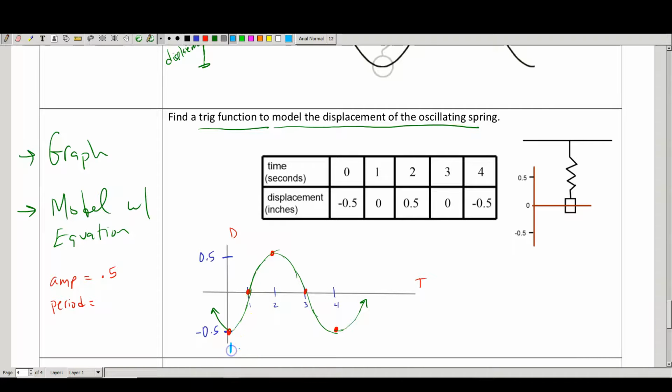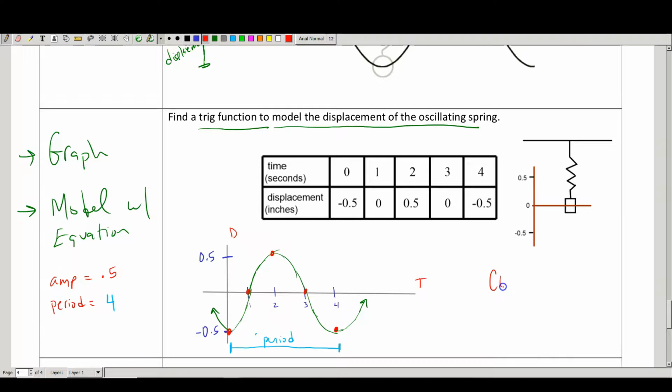At time 0, it's at the bottom, and at 4 seconds, it's at the bottom again, traveling up. So this is the period. The period is 4 seconds. So we know the amplitude, we know the period, and this is going to be enough to figure out what this equation is. So we're choosing to use cosine here because it's starting at the bottom.